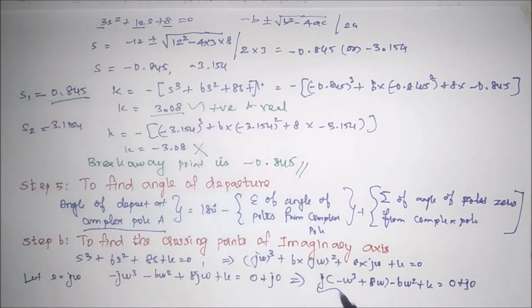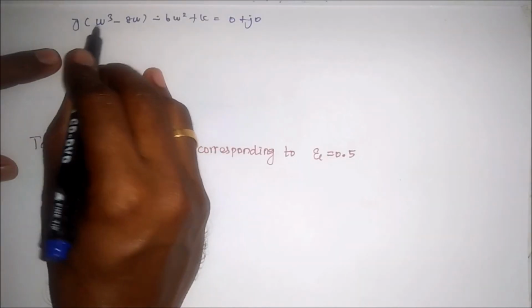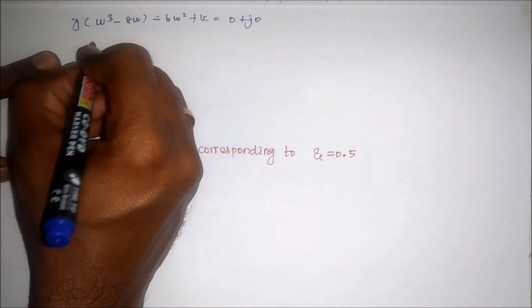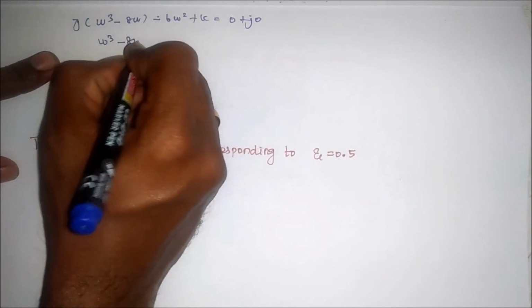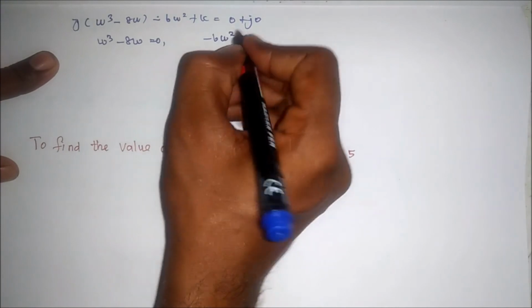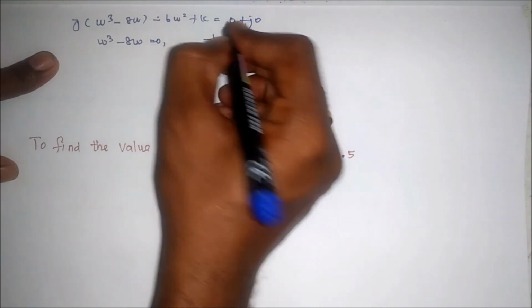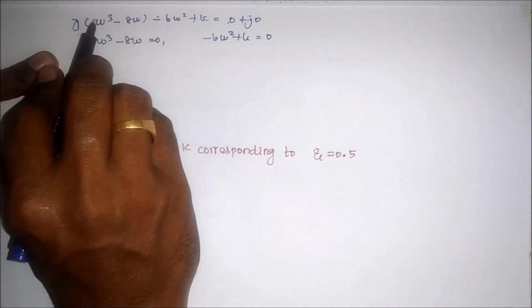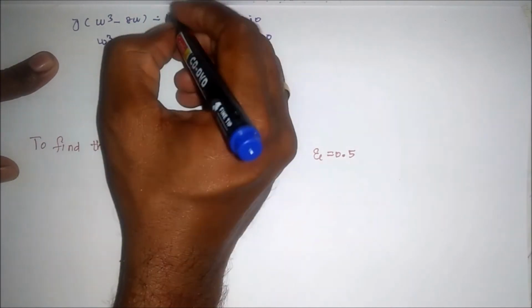So now we can say this is a imaginary part, this is a real part. So now imaginary part equal to 0, therefore omega cube minus 8 omega equal to 0. Real part minus 6 omega square plus k equal to 0. So we have to equate imaginary part and real part both the sides.